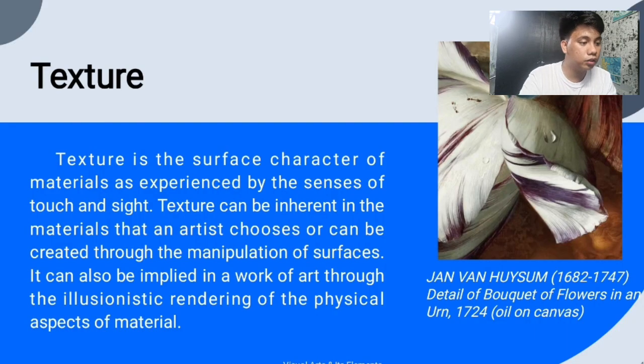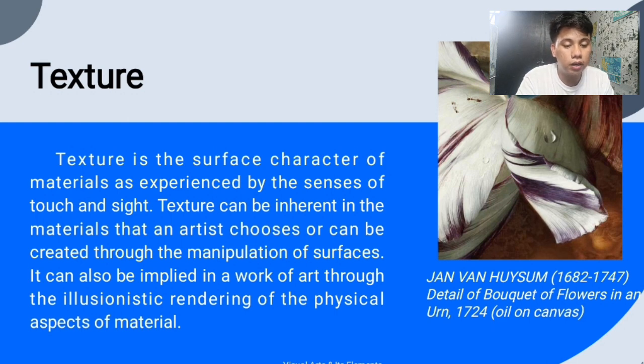So, lipat naman tayo sa texture. Texture is the surface character of materials as experienced by senses of touch and sight. Texture can be inherent in the materials that an artist chooses or can be created through the manipulation of surfaces. And it can also be implied in a work of art through illusionistic rendering of a physical aspect of material.